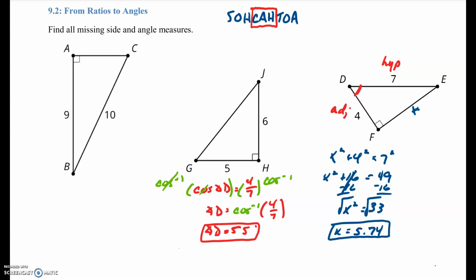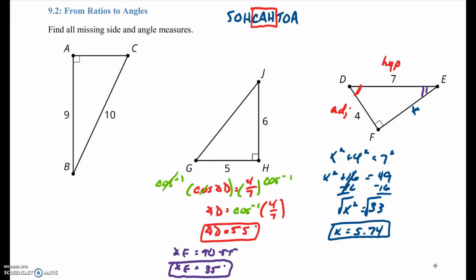Now, last but not least, I am looking for angle E. I know that those two acute angles must be complementary. So then angle E must be whatever 90 minus 55 is. Angle E must be 35 degrees.